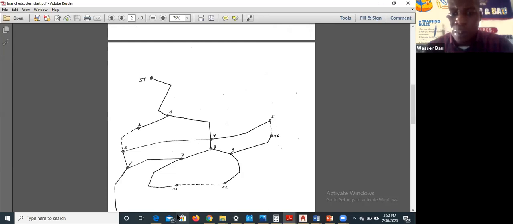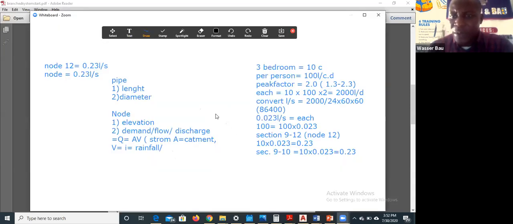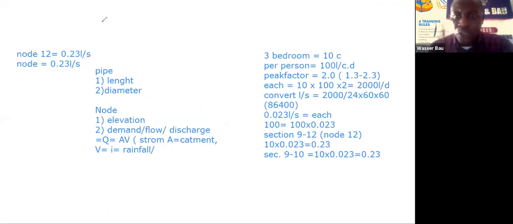So now we find out that we're on section 8 to 9. Am I right? Yes, 8 to 9. In other words, we are referencing node 9. Remember?